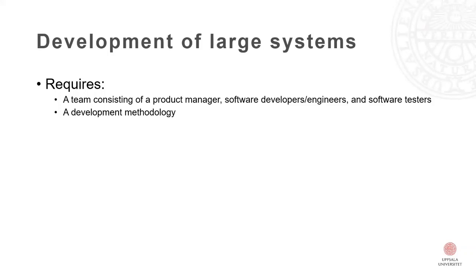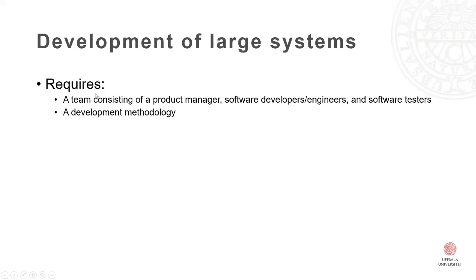For example, you need a product manager, you need several software developers, software engineers to do the actual programming, and you need software testers, because we have discussed that every time you program something, you need to, of course, test it extensively to make sure that it is working correctly. And when the system gets larger, the tester becomes more and more important. It might get as much time as implementation, or even more time than implementation, to test the software and fix the bugs.